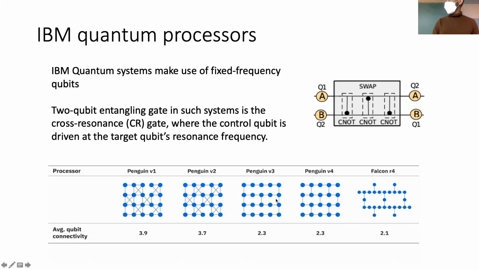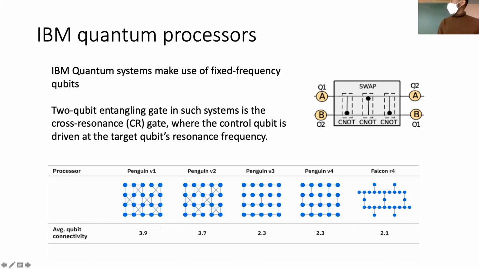Through time, the IBM processors previously had a lot of connectivity among the qubits, but that connectivity has its own disadvantage in the performance of the hardware, so through time it's becoming more sparse.